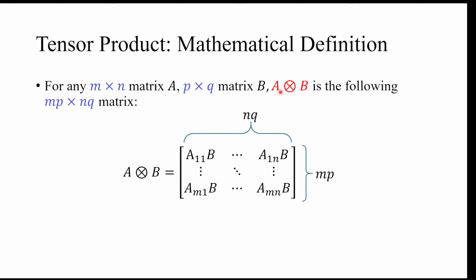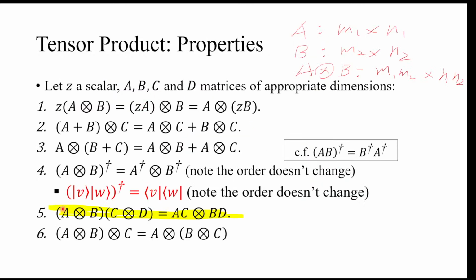Those matrices can be any dimension, so we can have a tensor product between operators, and we can also have a tensor product between ket vectors or between bra vectors, etc. As long as you are operating on something that fits this rule, your tensor product works.